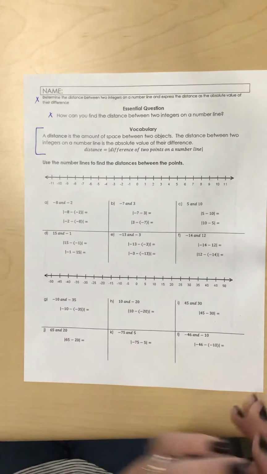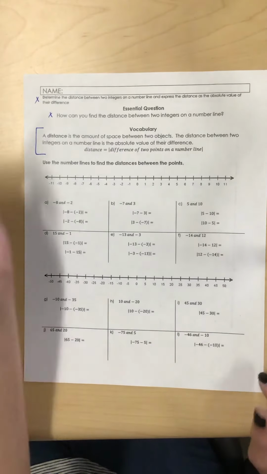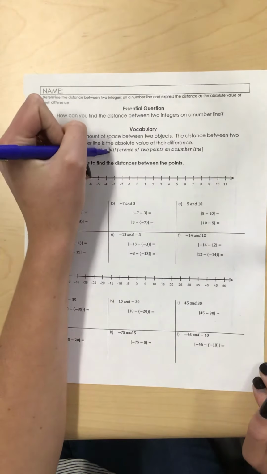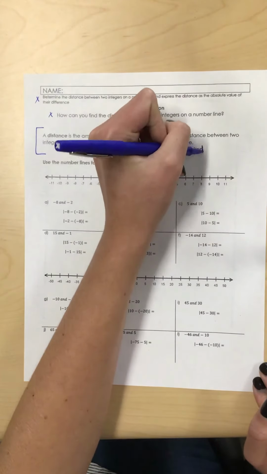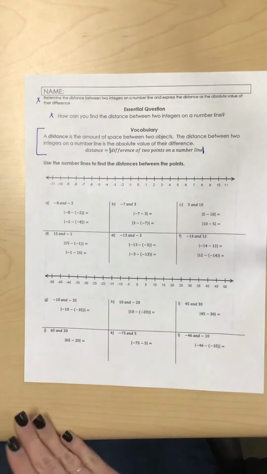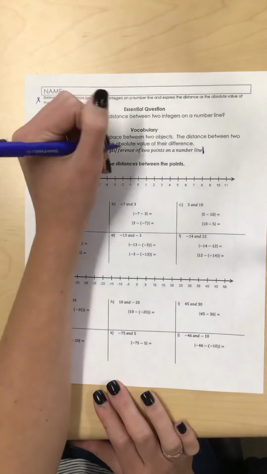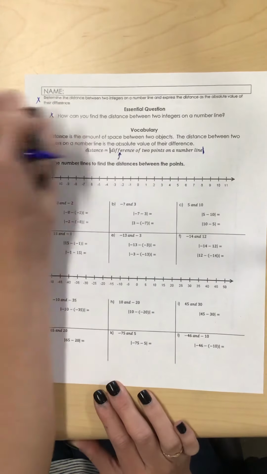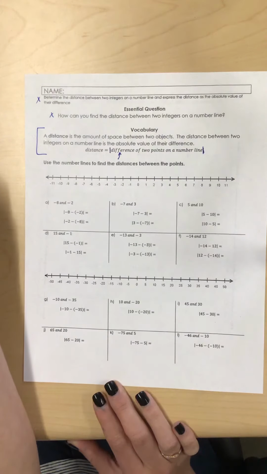So we've already looked at absolute value. Remember, absolute value is represented by these straight lines. And absolute value is the distance it is from 0, or the distance that number is from something else. And then here we have the word difference. Now, you know what difference means.